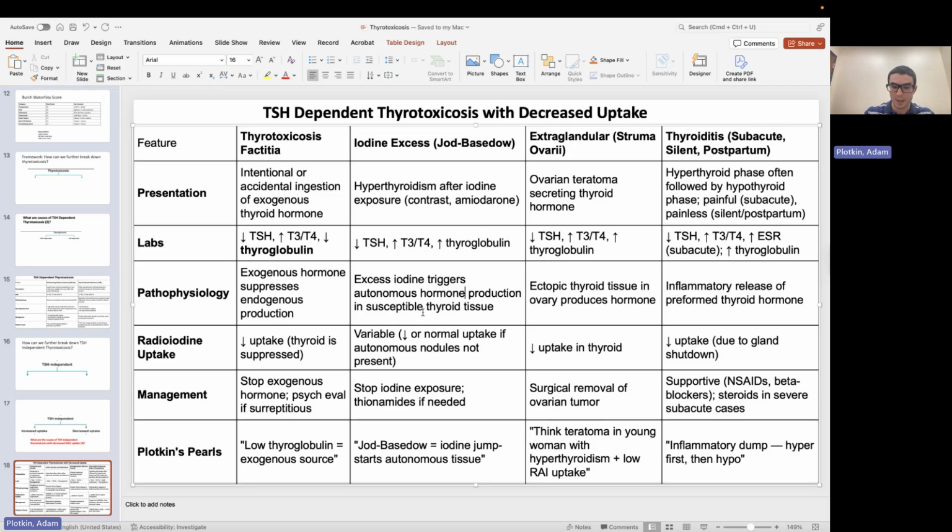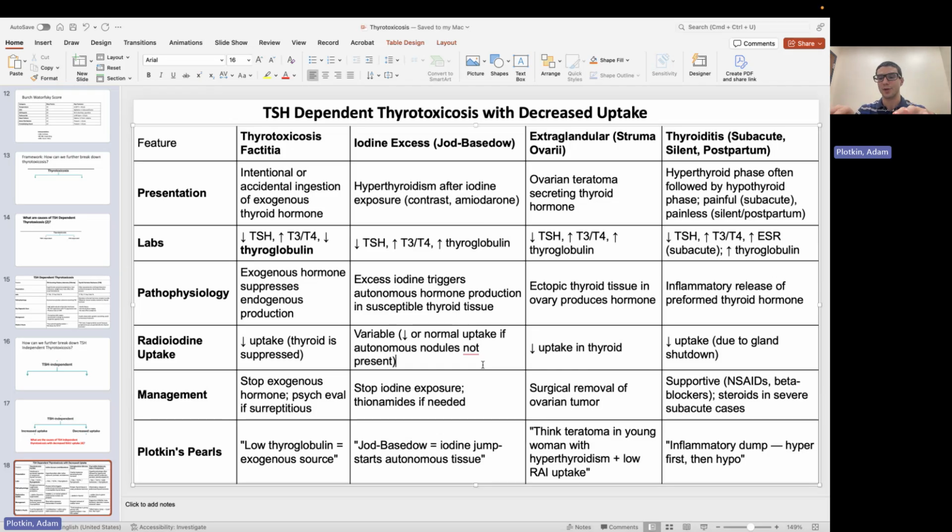So really, in this case, the radioiodine uptake can be variable. It can be decreased or normal. It really depends. The thing is once I give it the iodine excess and it's used up all the iodine excess, now in this case, the patient's going to definitely be hyperthyroid, right? Because let's say I give them a bolus of iodine, they use it all to make just a ton of T3, T4, and we release it, right?